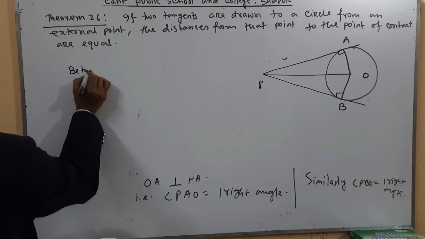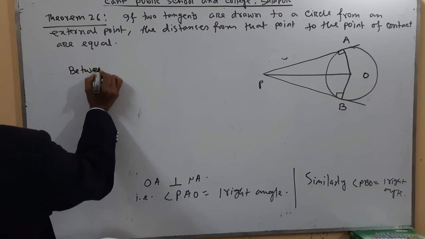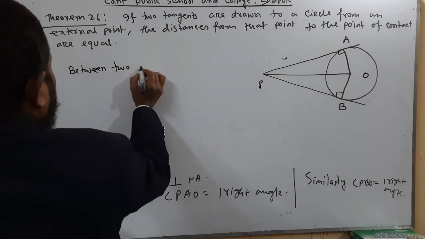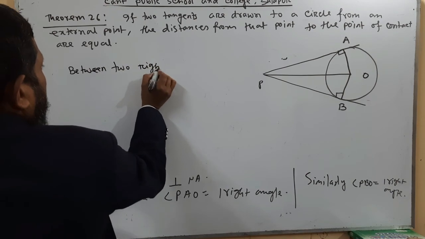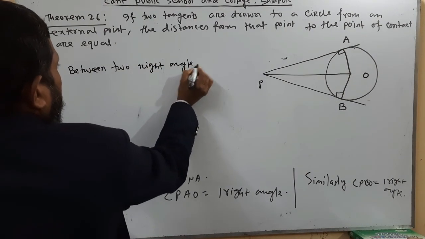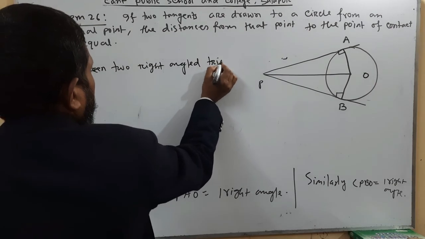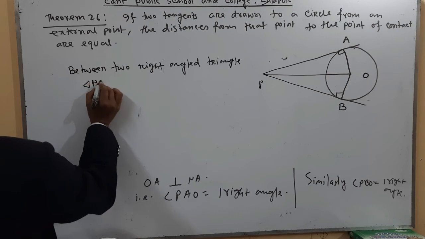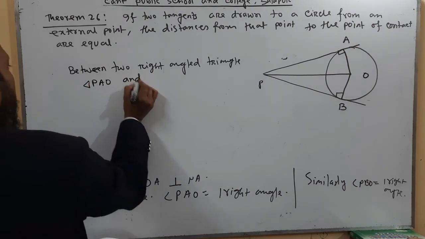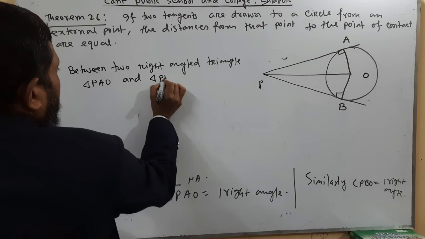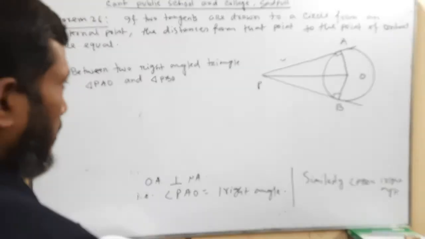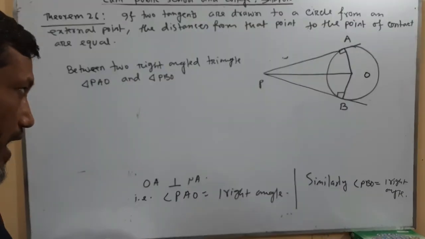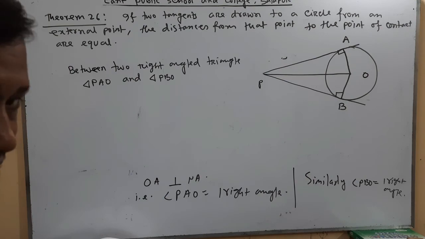Between two right angled triangles PAO and PBO, here OP is the hypotenuse of these two triangles.